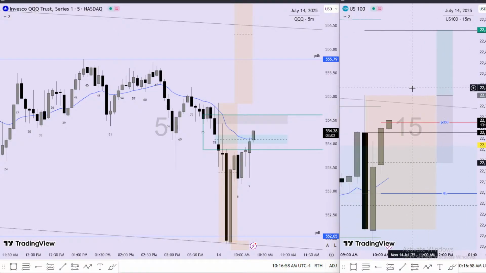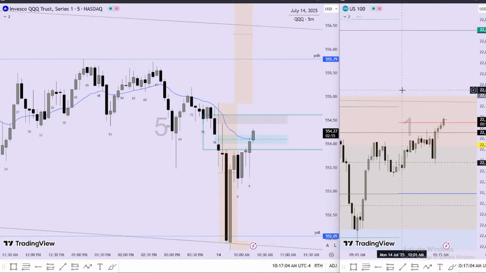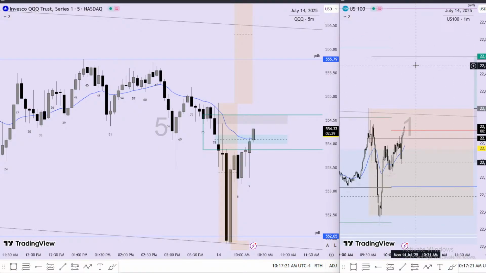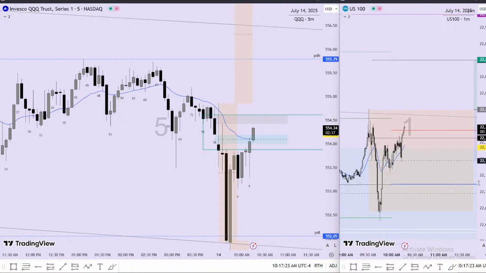Let's not forget the criteria for entry. The entry criteria is I need a 1 minute closing above this high, then I'll enter right at 800. Stop loss would be below this low, aiming for at least 1 to 1 risk to reward ratio that would take us to 860.